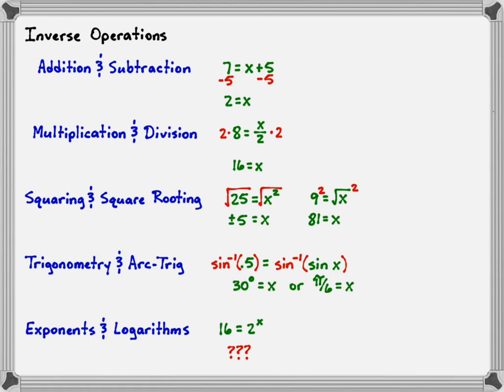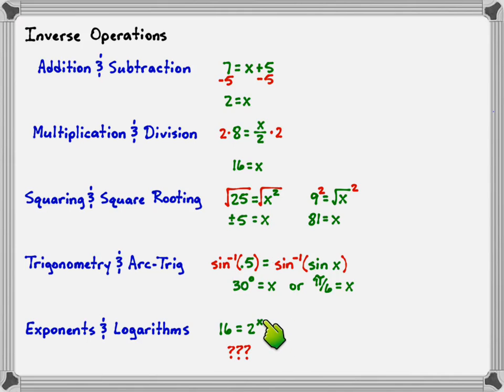If the equation had an exponent in it, like the equation here where it said 25 equals x squared, we can get rid of the exponent easily by taking the radical with the root index that matches that exponent, or we could raise it to the 1/2 power. But what we're talking about here with logarithms is that the exponent itself is the variable.